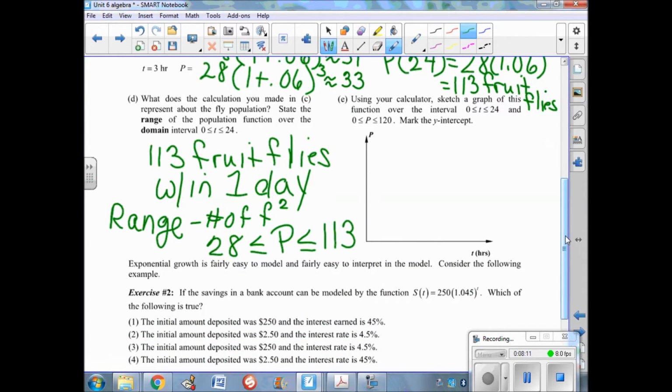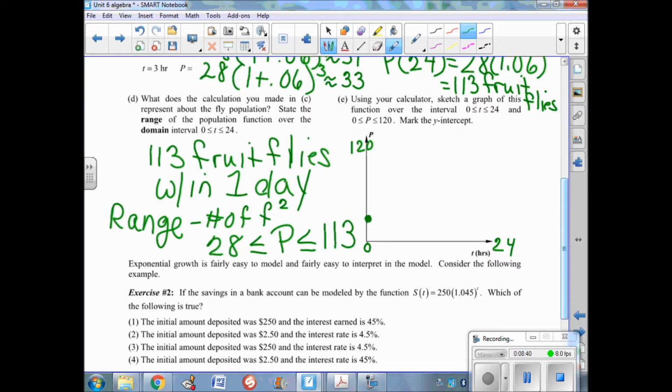it says use your calculator, sketch a graph of this function over the interval from 0 to 24 hours, and from 0 to 120. So essentially on our graph, we're going from 0 to 24 hours, and then from 0 to, they just rounded it and said 120, because we know we do end at 113 fruit flies after 24 hours. So where do we start?